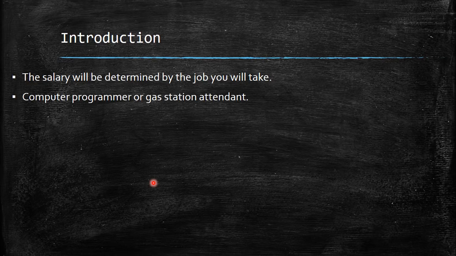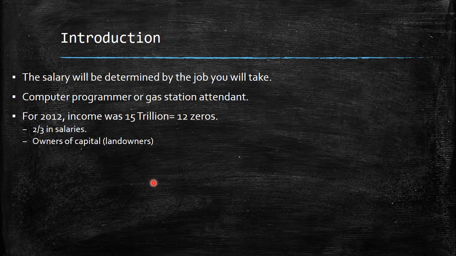For example, we have two examples: a computer programmer and a gas station attendant. In this chapter we will understand why the computer programmer will get more money compared with a person that chooses life as a gas station attendant.